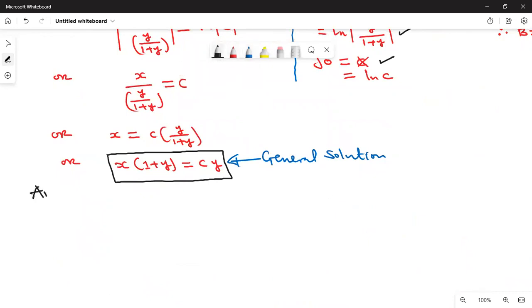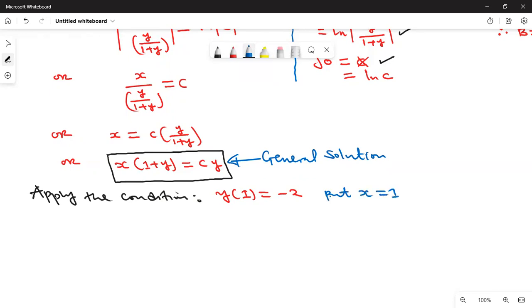Apply the condition that y when x is 1 should give us -2. That means you put x is equal to 1 and y is equal to -2.